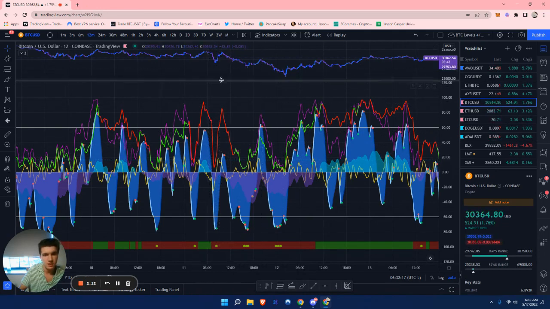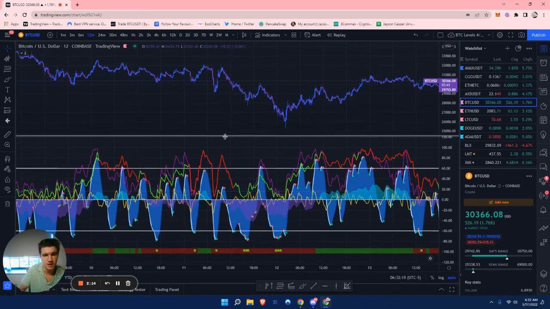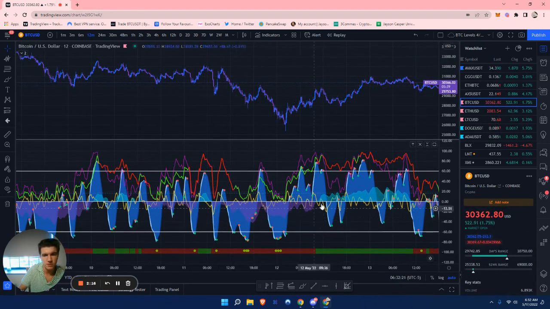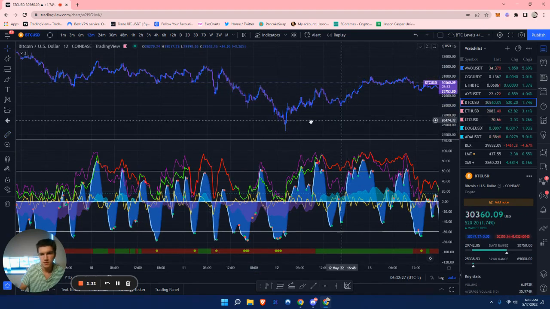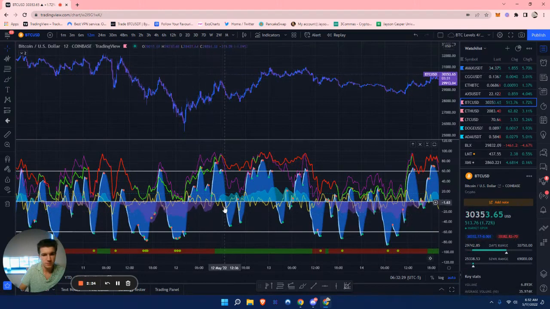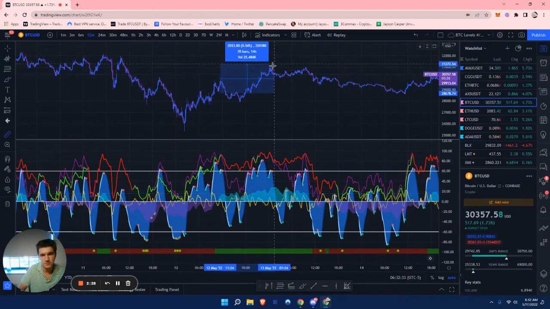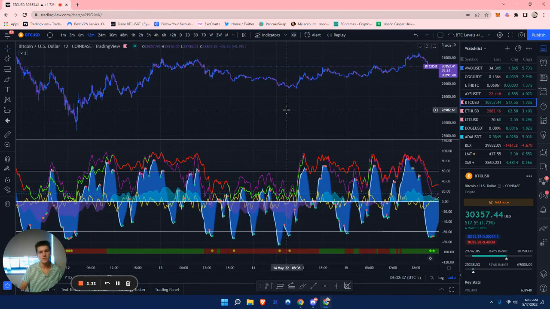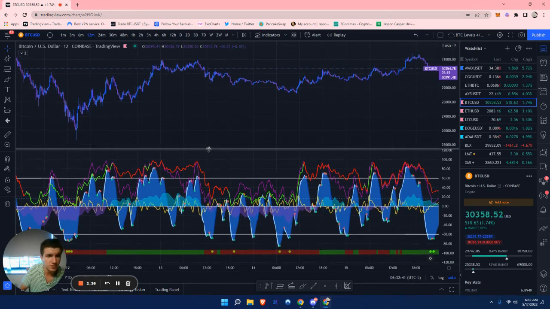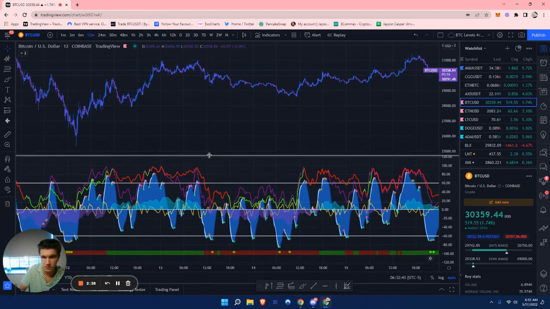As you can see on Market Cipher B, we got a pretty long money flow crossover here, and price did end up dumping down 20%. Same as when we got this positive money flow crossover to the upside, we got a nice 8% relief rally. So you can see the money flow crossover on the 12-minute is quite powerful and strong.